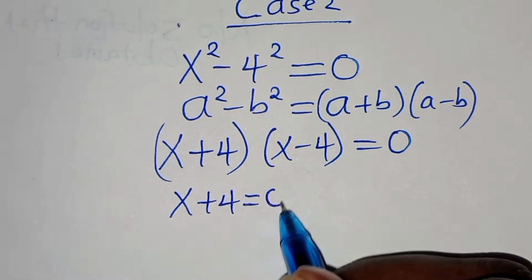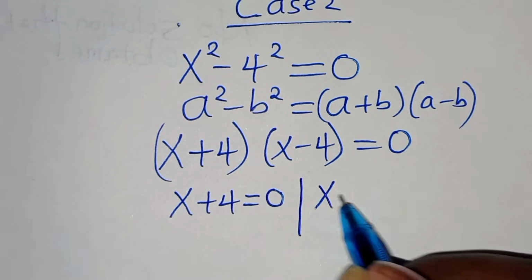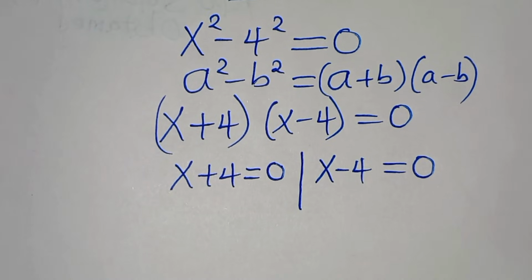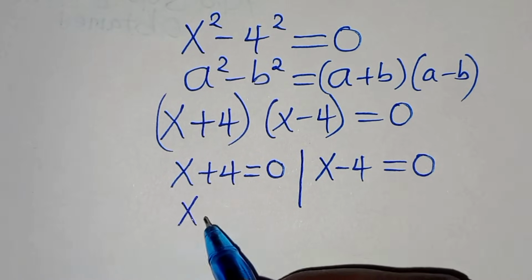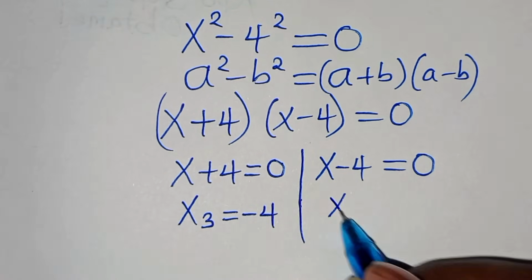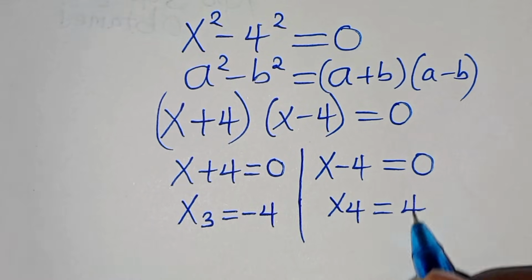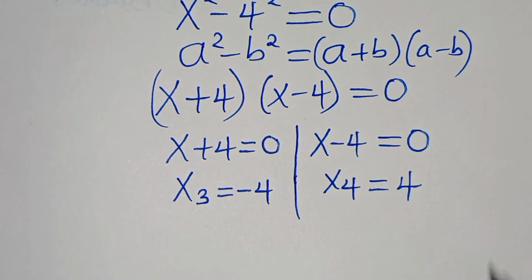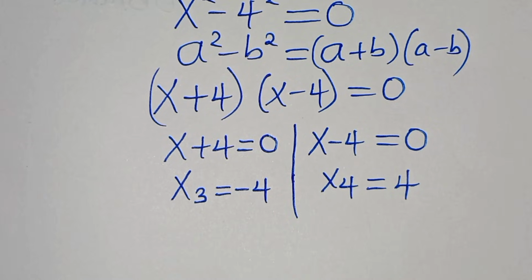This is equal to 0. And x subtract 4. This is equal to 0. So this implies that x3 is equal to minus 4. And we have x4. This is equal to 4. And therefore we have 4 solutions to this algebra problem.